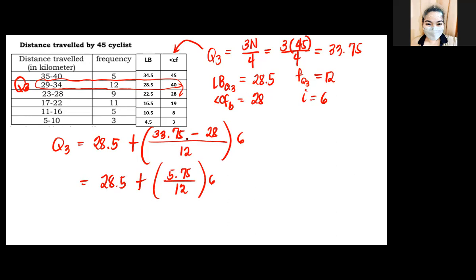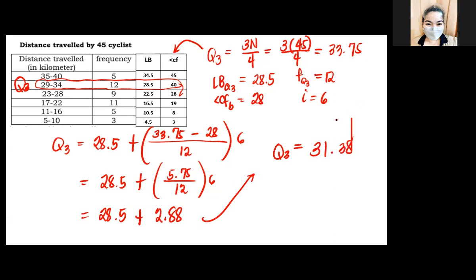Ano yung magiging answer? 2.88, ma'am. So 28.5 plus 2.88 is equal to Q sub 3. Anong Q sub 3 natin? 31.38. Okay, check na.